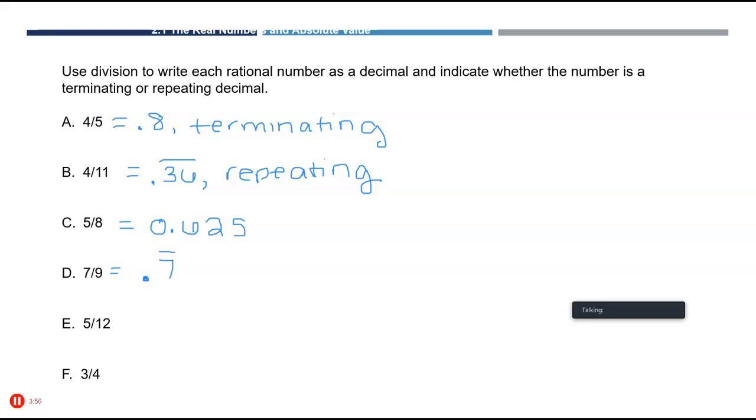Perfect. So 7/9 is 0.7 repeating. So we draw our bar on top of a singular 0.7. And we say that that's a repeating decimal, which meant that letter C, and I forgot to ask, was terminating.